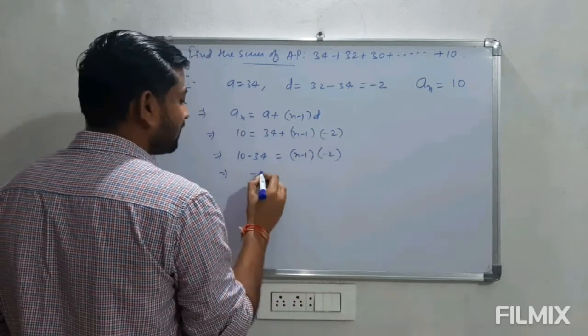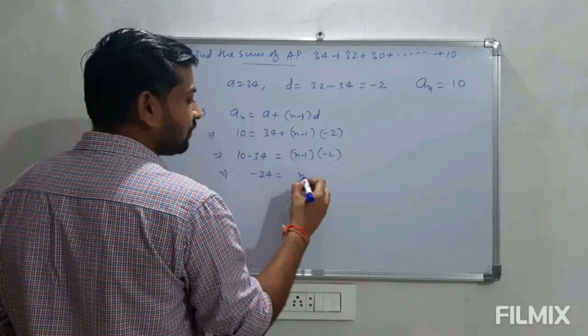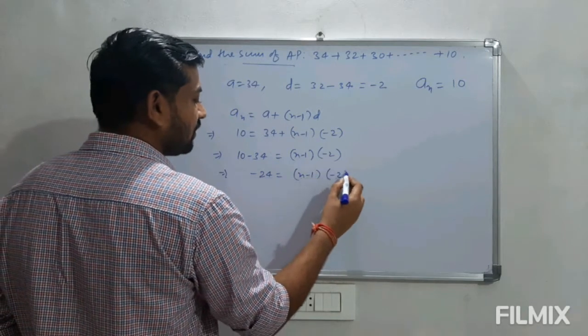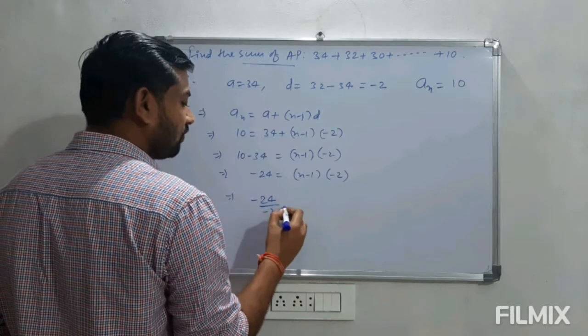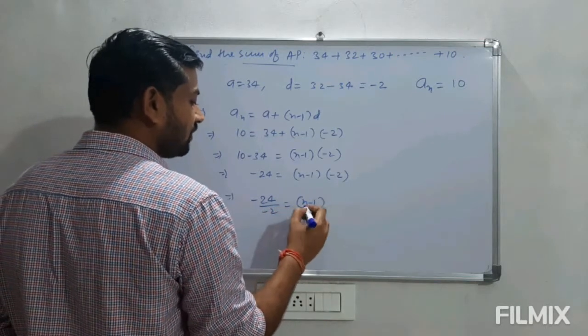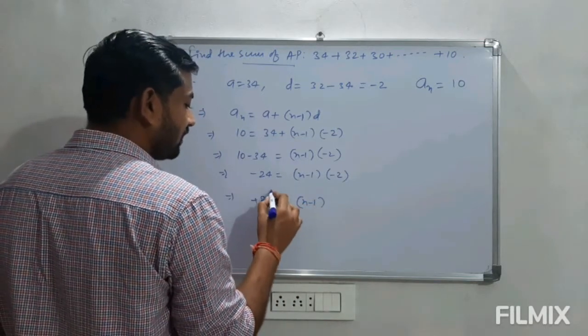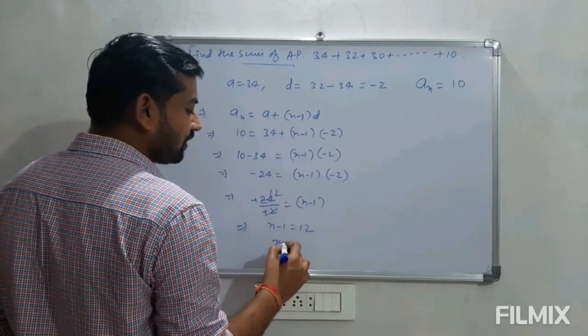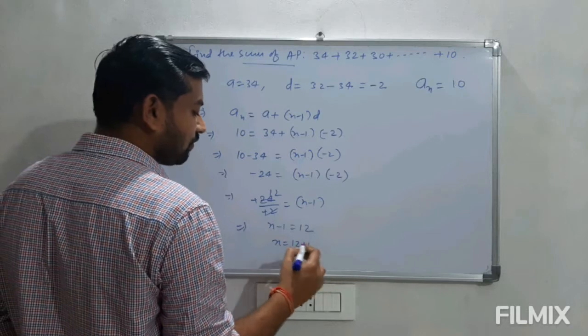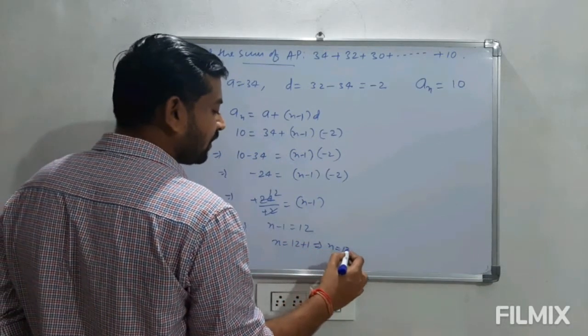So what we are getting here, minus 24 is equal to (n minus 1) into minus 2. Now we can bring this minus 2 here. So minus 24 upon minus 2 is equal to n minus 1, and if we divide this we are getting 12. So n minus 1 is equal to 12. So finally we are getting n is equal to 12 plus 1, which is coming out to be 13.